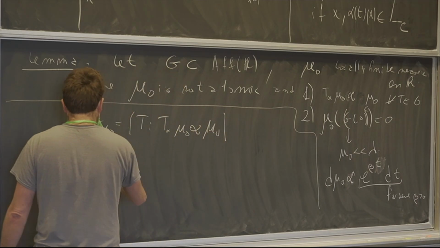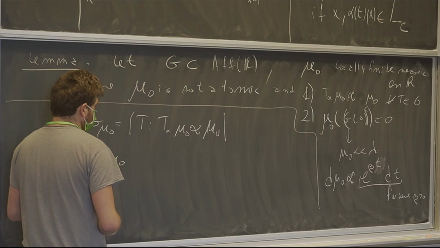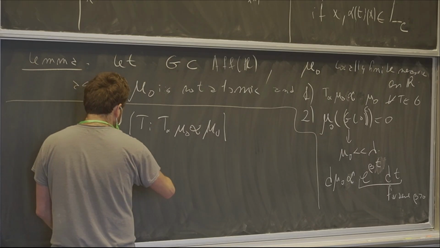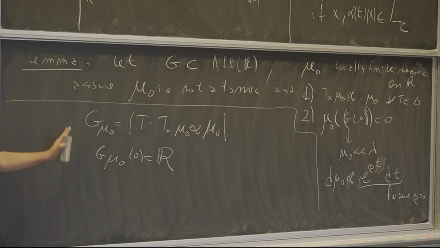And then under this, you will have that G mu naught of 0 is R, after I know what is mu naught.